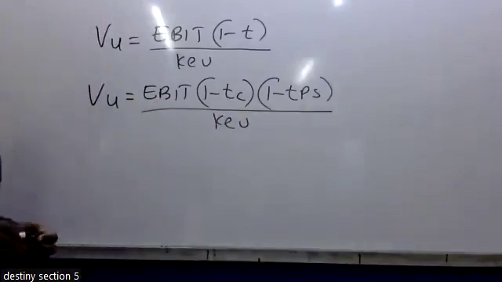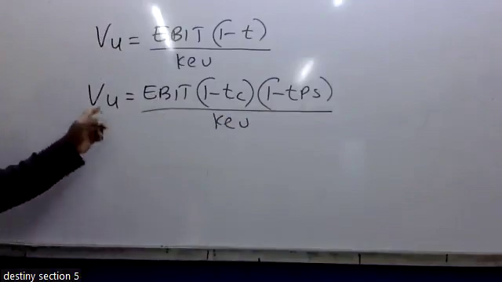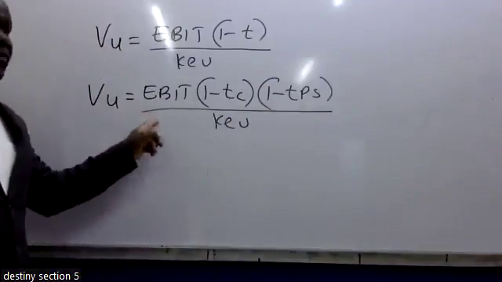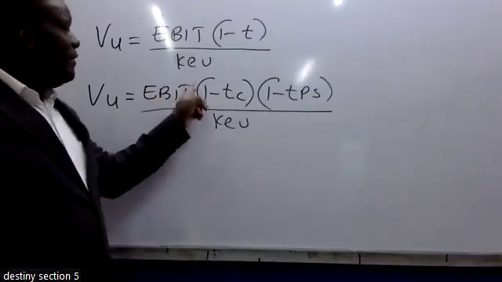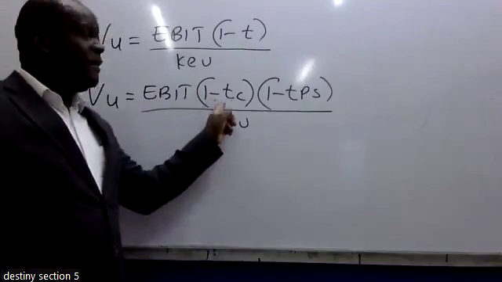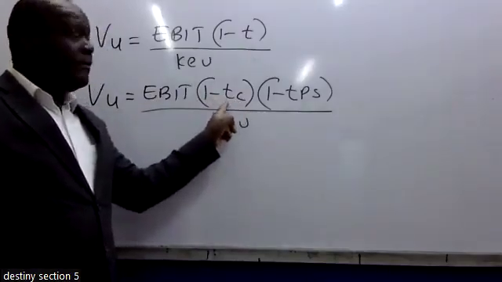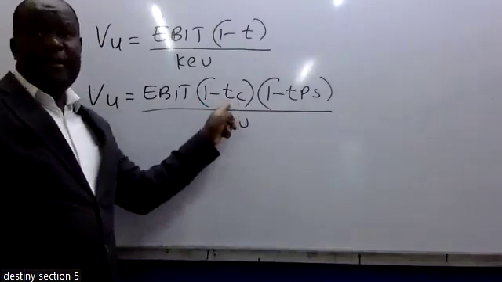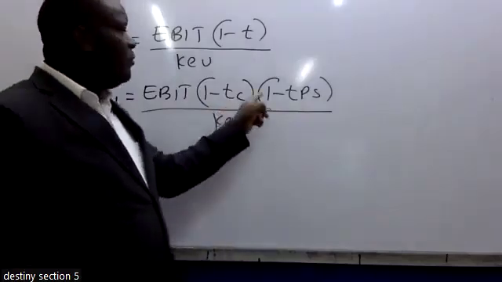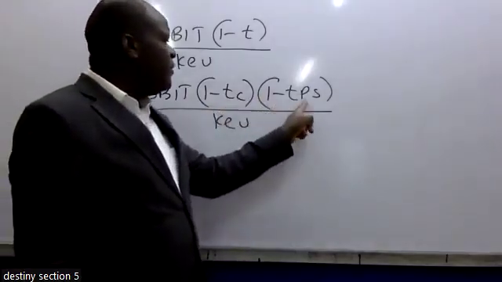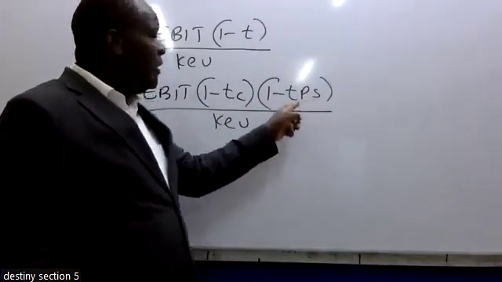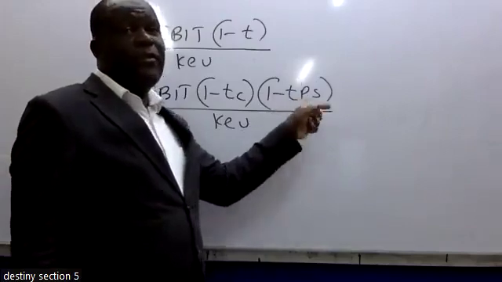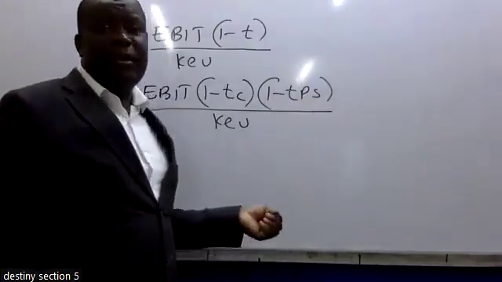So when there are personal taxes and you want to calculate the value for unlevered, it will be equal to earnings before interest and tax, then 1 minus the corporate tax, then 1 minus the personal tax rate on the common stock income. Common stock is the ordinary shares.